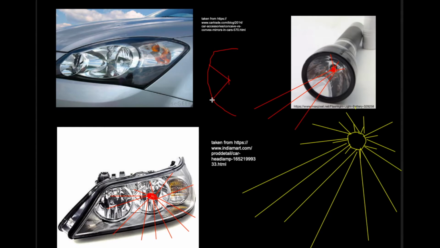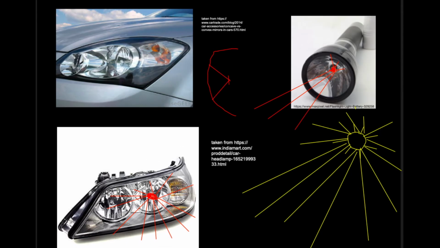Since the light rays, if they were coming parallelly, this was the direction, this is what would happen. The light rays would hit here and go to the focus. But if the light rays are coming from the focus, it's the opposite way around.